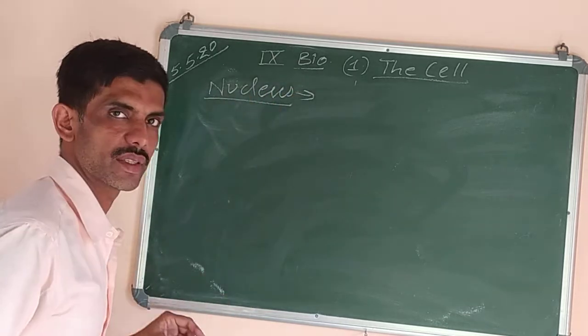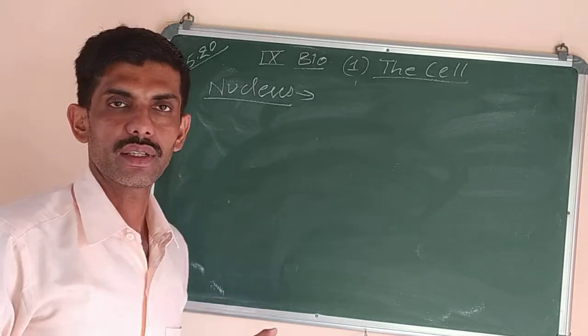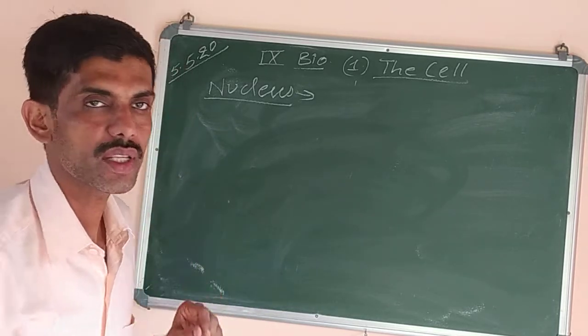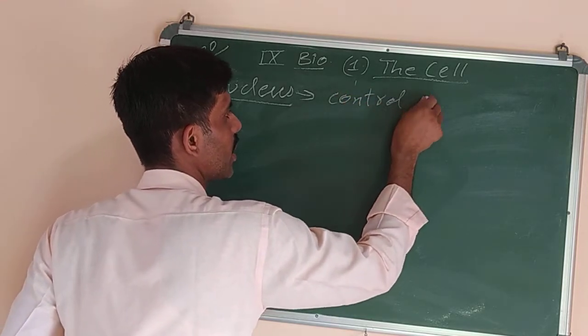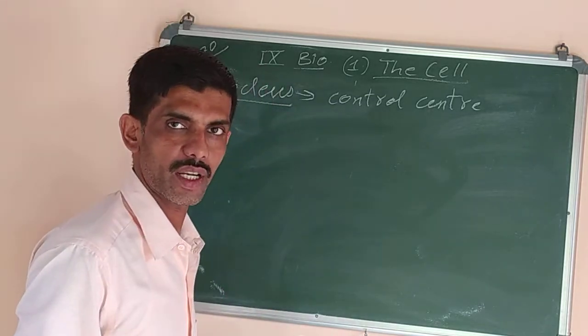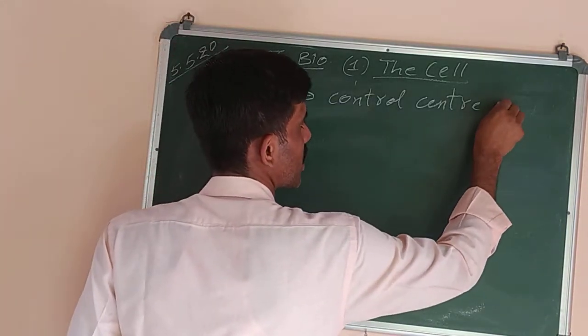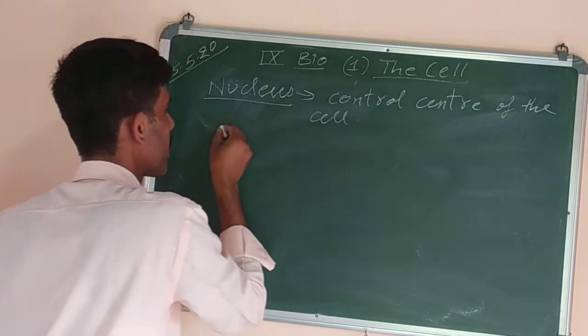So what is nucleus? Nucleus is the control center of the cell. Like everything has a center from where all the activities are controlled, so it is the control center of the cell.